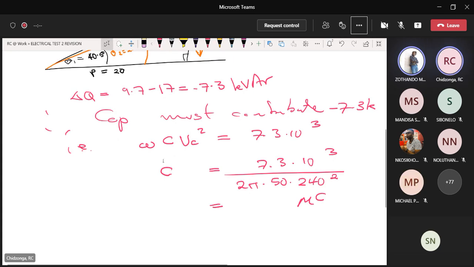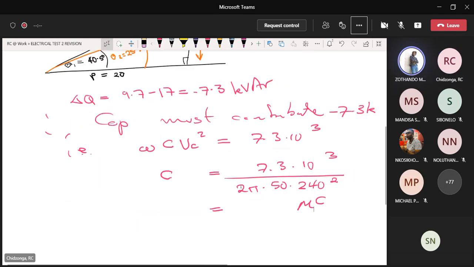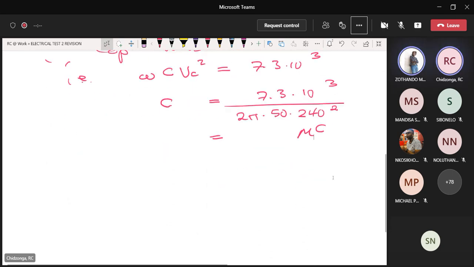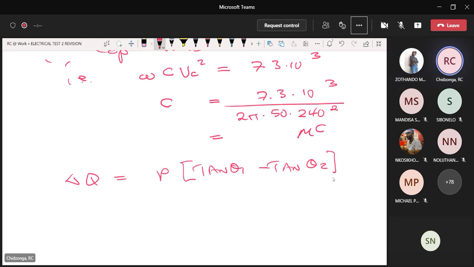So that is where we are. There are some students who would like to use the one-stop formula and say delta Q is equal to P in brackets tan theta 1 minus tan theta 2.